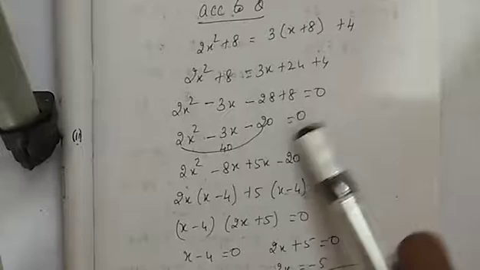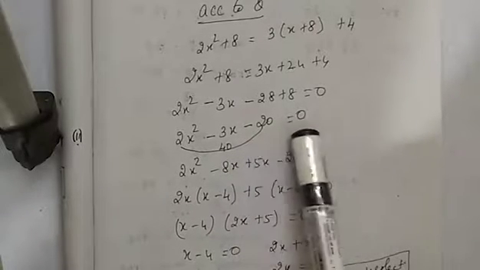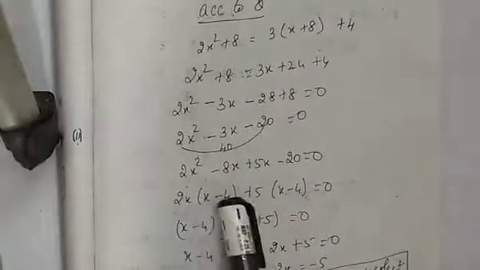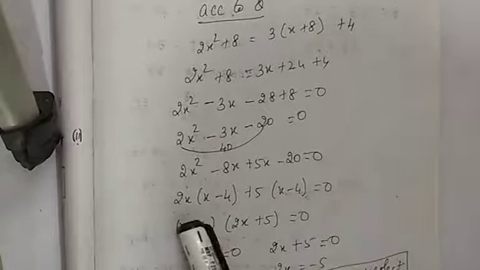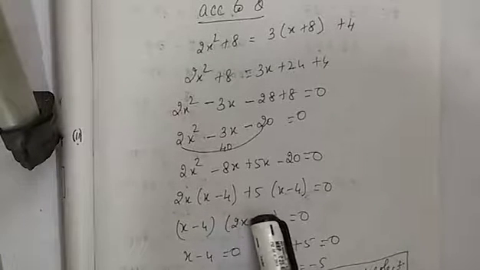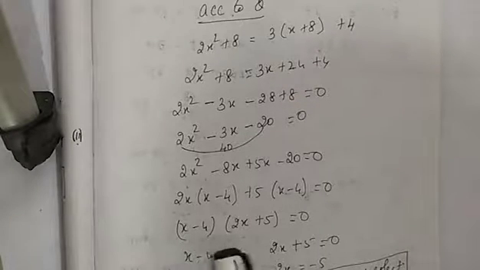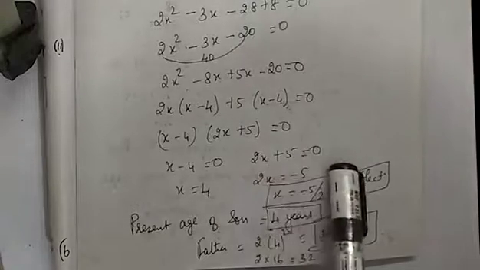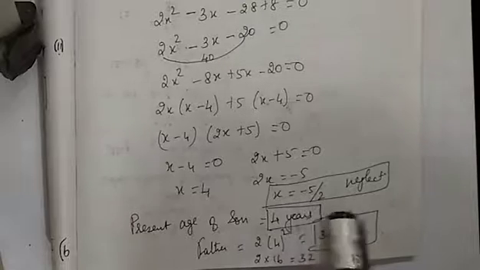Now solve it. You will get the quadratic equation 2x square minus 3x minus 20 is equal to 0. Now split the middle term. 2x square minus 8x plus 5x minus 20 is equal to 0. 2x into x minus 4 plus 5 into x minus 4 is equal to 0. x minus 4 into 2x plus 5 is equal to 0. x minus 4 is equal to 0, 2x plus 5 is equal to 0. x is equal to 4 or minus 5 upon 2.